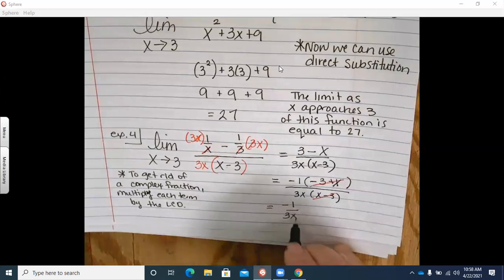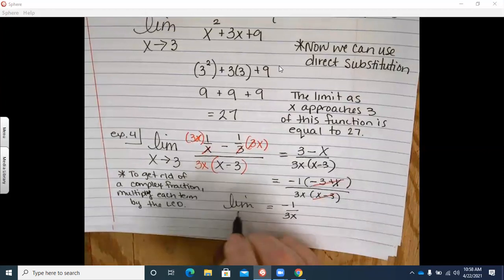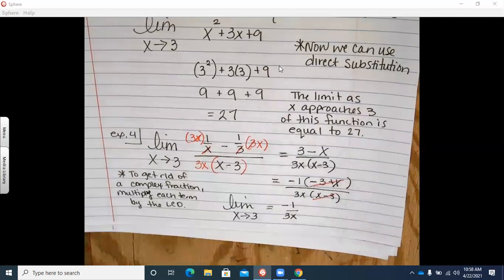Now, we have not used the direct substitution yet, so I still write: what is the limit as x approaches 3. Would we be able to use direct substitution now? Yeah, but you're like, but wait, there's still a variable in the denominator. Well, if we substitute 3 in for x, is that going to give us a 0? No, as long as we don't get a 0, we can plug it in. That's what we wanted to happen.